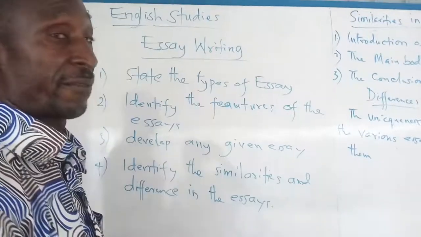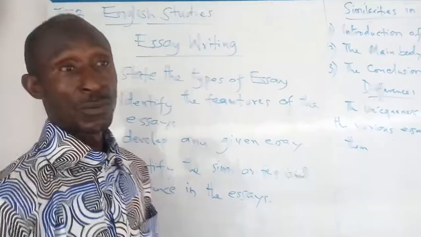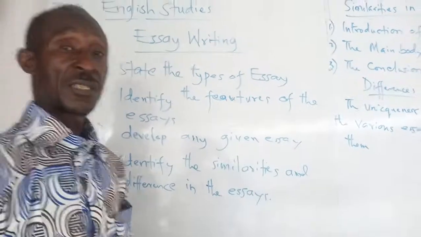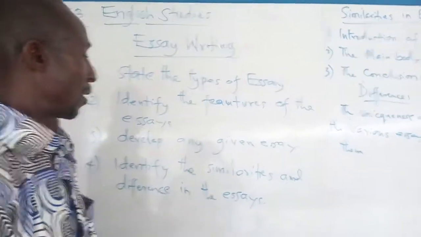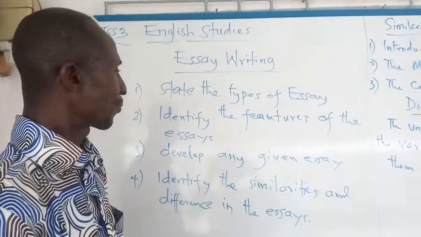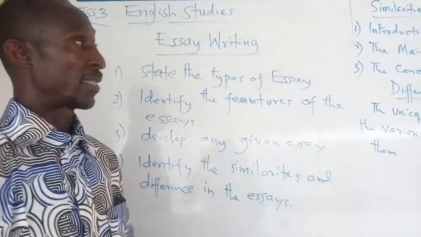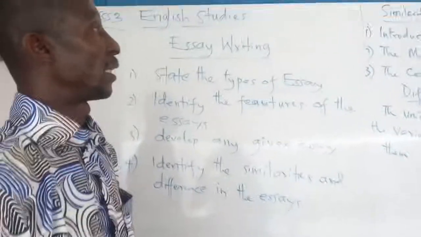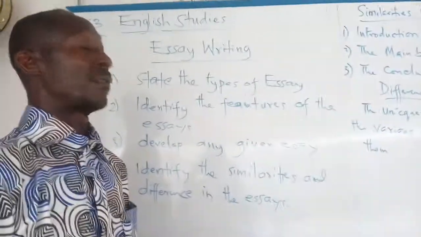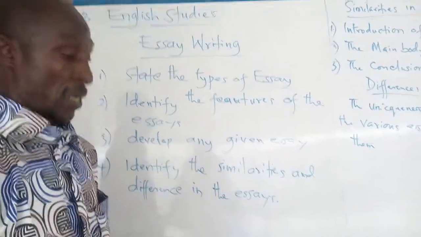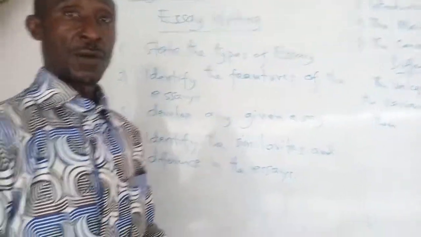We talked about the various types of essays: the narrative essay, the descriptive essay, the argumentative essay, and the expository essay. We also talked about the features of the various essays, which we listed on the board, and then the similarities and the differences in the essays. That marks the end of the lesson today.